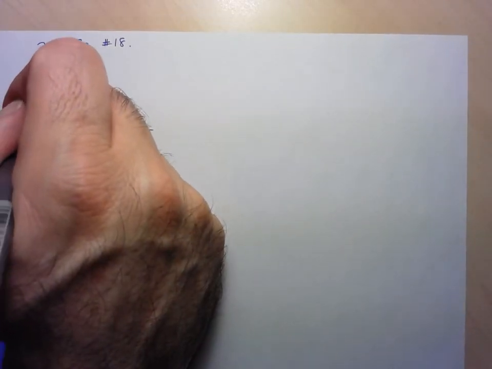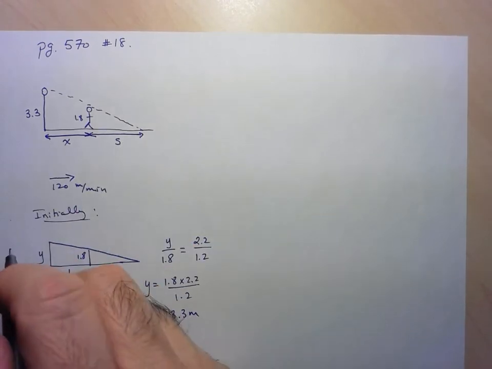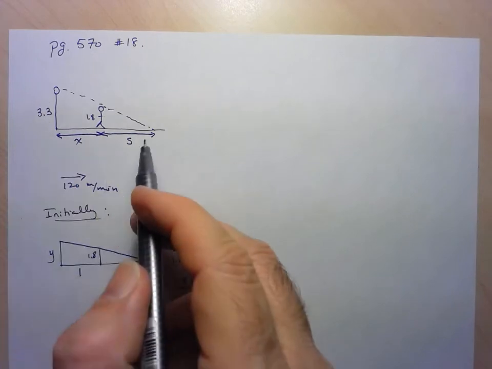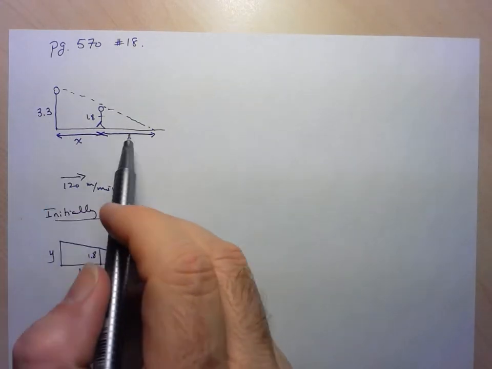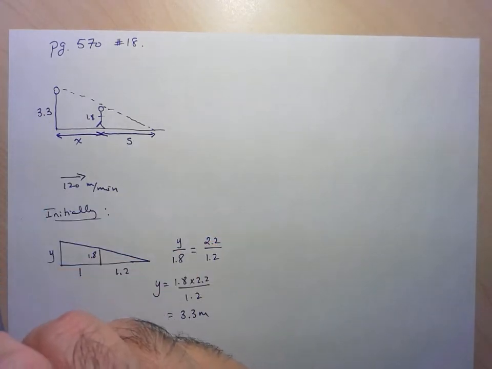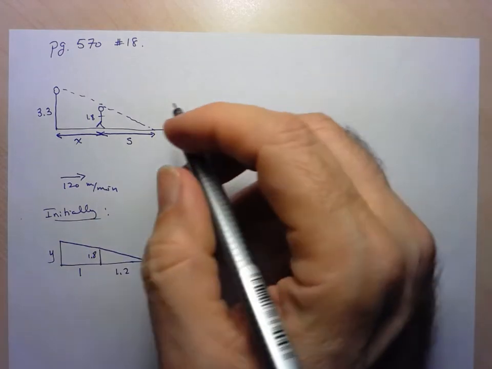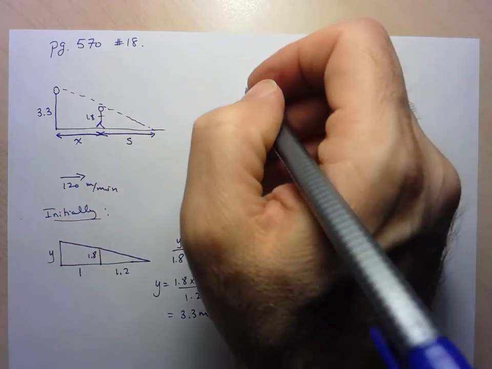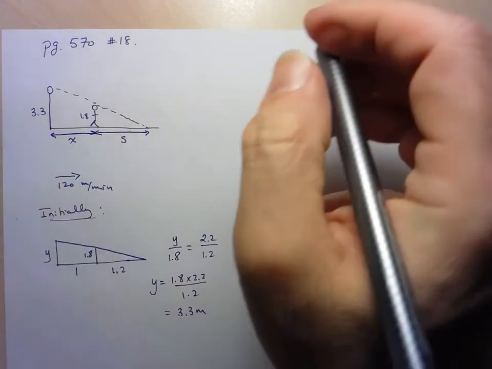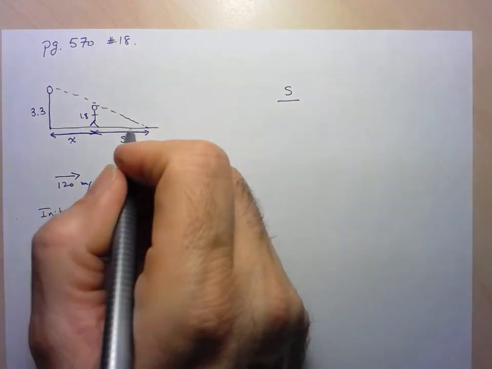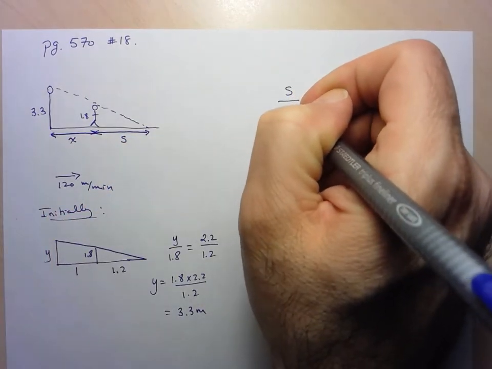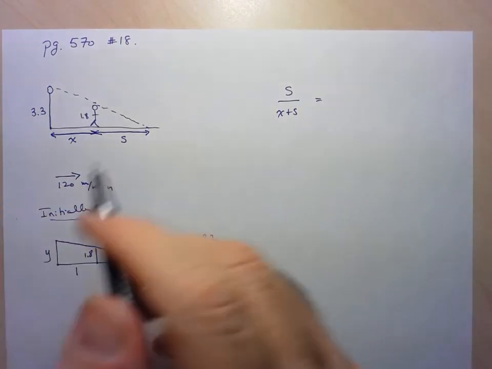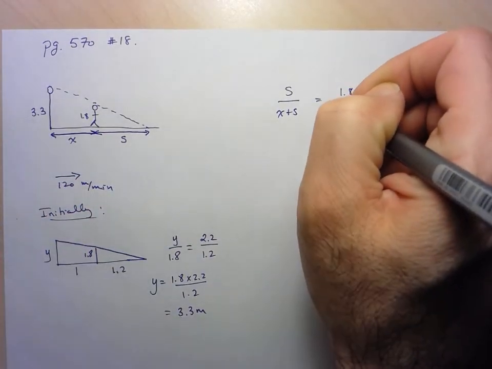We know this is 3.3, and now we can solve this in the traditional way, which is again to use ratios with these changing components. I'm interested in the shadow, so I'll start with the small triangle. This base s corresponds to the full base of the big triangle, which is x plus s, and that's equal to the ratio of these two corresponding sides, 1.8 and 3.3.